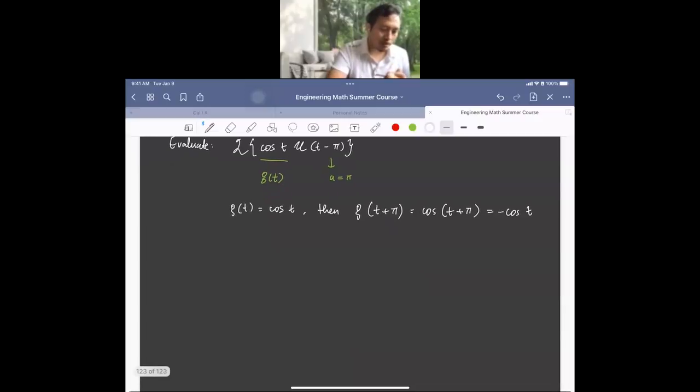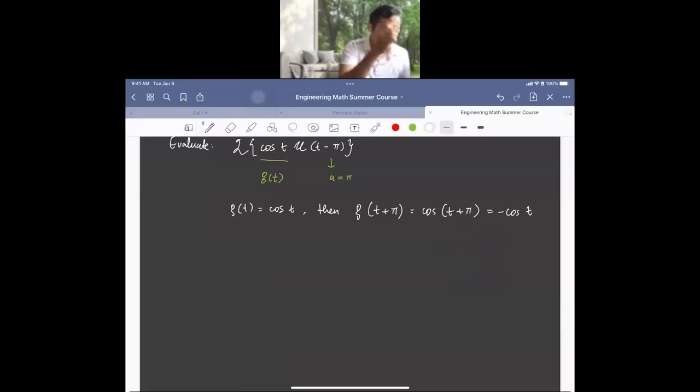You should be aware of the quadrant things: 1, 2, 3, 4. Cosine in 1 and 4 is positive, and this is not in 1 and 4. Hope you still remember that.